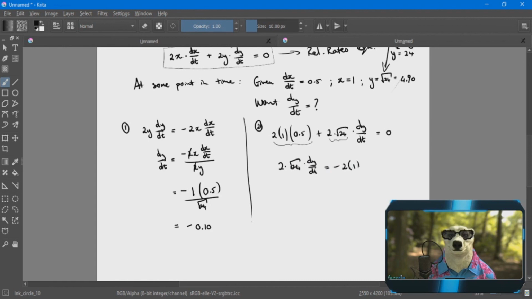Some people find that having the calculated answers, which I'm not going to bother to do, some people find the numbers less intimidating than the symbolic version of the related rates equation, but you'll see even if I calculate this in pieces early, I'm going to get the same answer, of course. So choose which way you want to do it. It doesn't matter to me. It's all the same in the end. Just don't use rounded numbers early. That's the only thing.